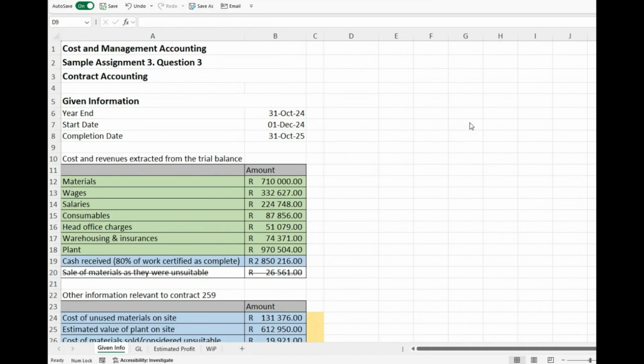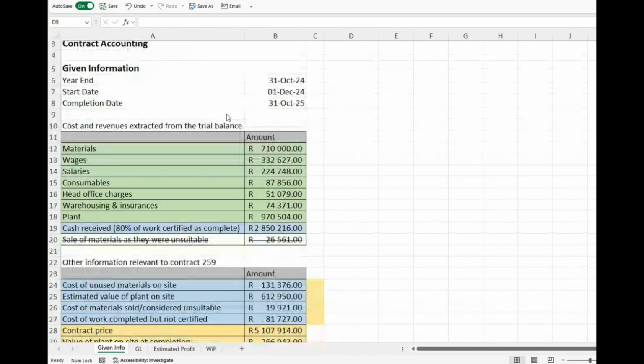So let's start, like always, by looking at the given information first. So things that you are given, you know when your year end is. In this case, it happens to be 31 October 2024. You are given a start date for your contract, and that is 1 December 2024. That's not possible.